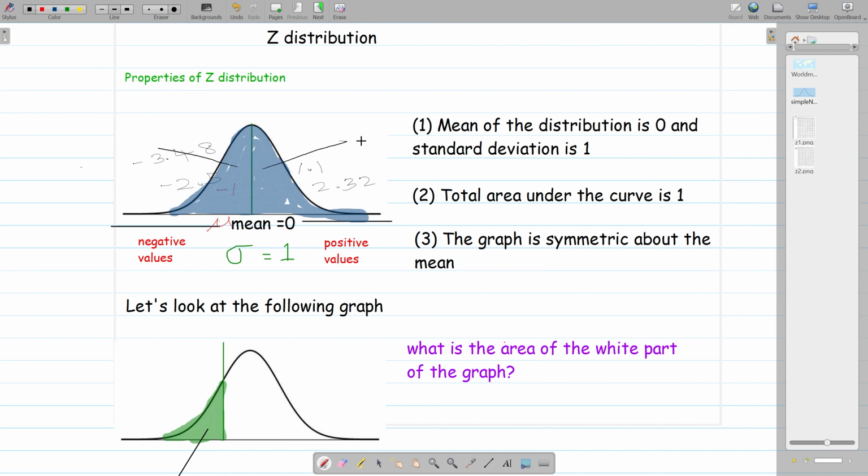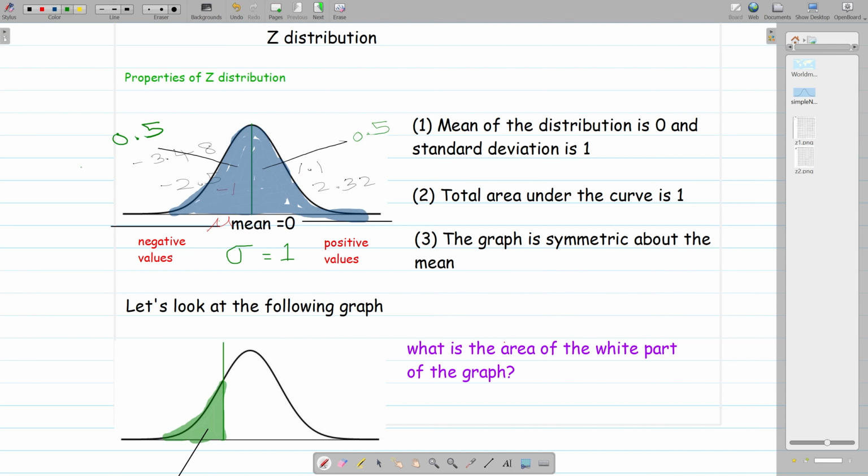That means if the total area under this curve is 1 and the graph is symmetric about the mean, then the area left of the mean is 0.5 and the area right of the mean is 0.5.